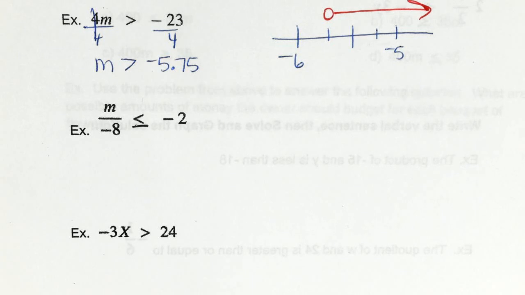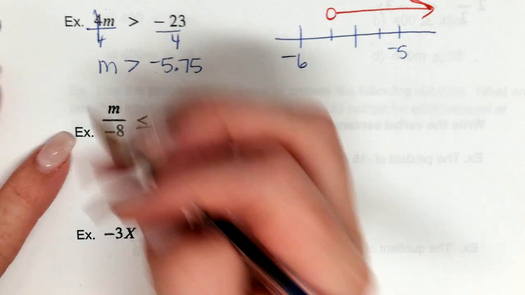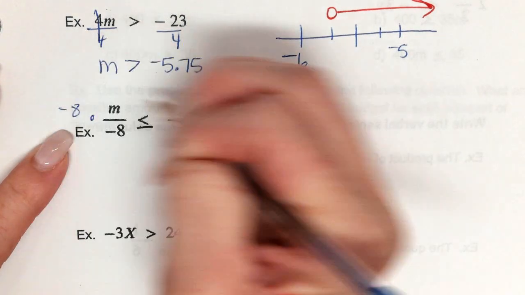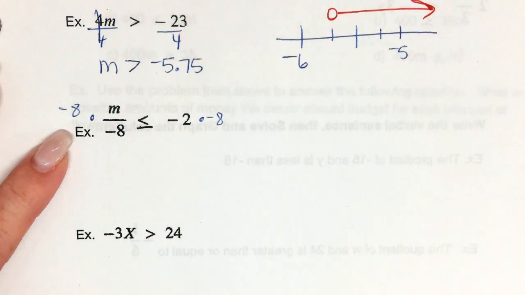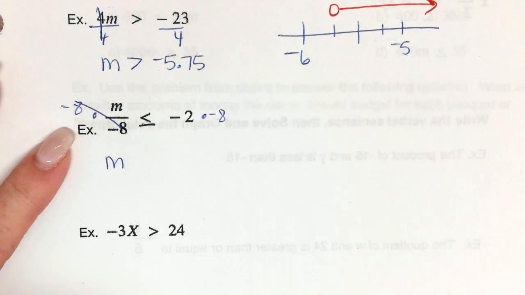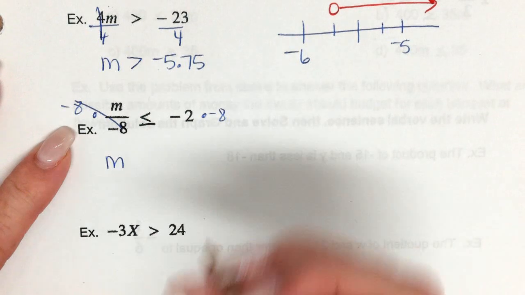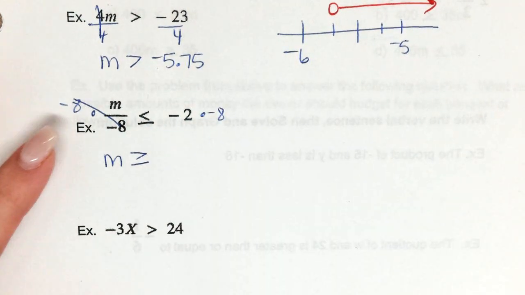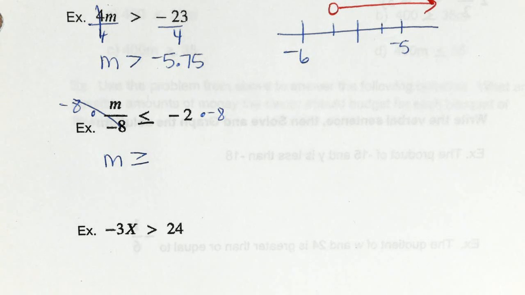On the next one, does the variable have a negative coefficient? Yes, so what is going to happen to the sign? It's going to flip. So I'm going to multiply both sides by negative 8. The m, now the sign flips. Instead of less than or equal to, it becomes greater than or equal to, because I multiplied both sides by a negative.